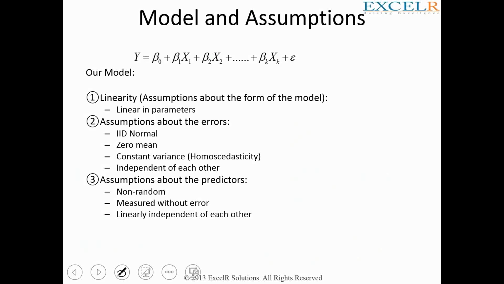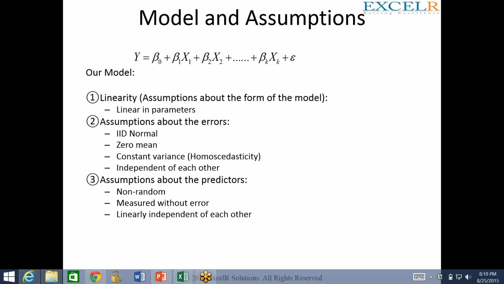And the next thing is linear independence of each other. What does that mean? Your input variables are assumed to be linearly independent of each other. What if this assumption is violated? What do you call this? No, autocorrelation is already done.